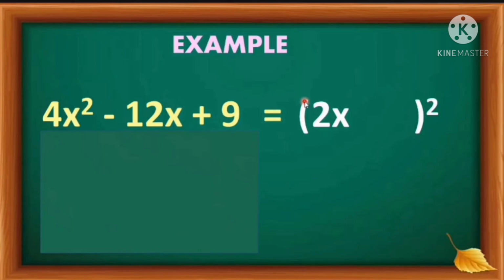And since the middle term is negative, therefore, ang ilalagay natin na operation dito is minus. And then next, the square root of the third term. What is the square root of 9? That is 3. So meaning the factored form of this perfect square trinomial here is the quantity 2x minus 3 squared.